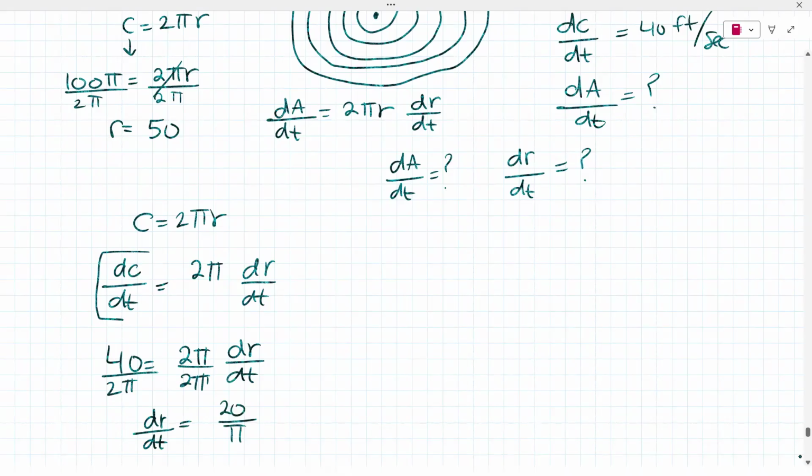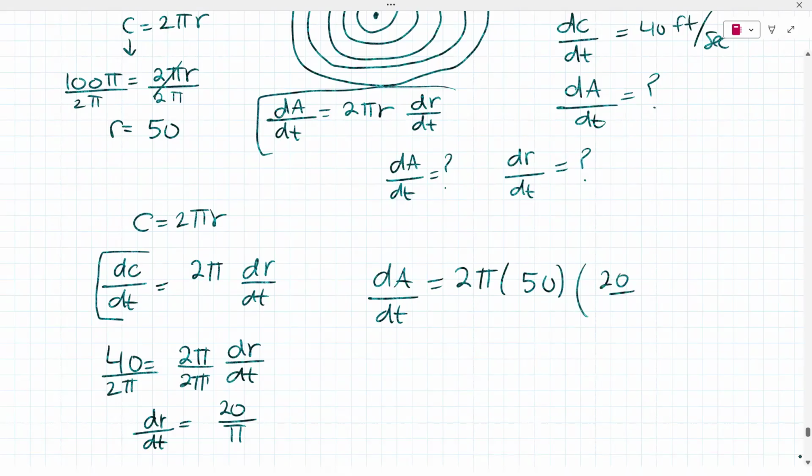So we found dr/dt, but that's not what we really want. We really want to find dA/dt. So if you go back to this formula, dA/dt is 2 times pi times the radius, which was given, right? Which was 50. And my dr/dt was 20 over pi.